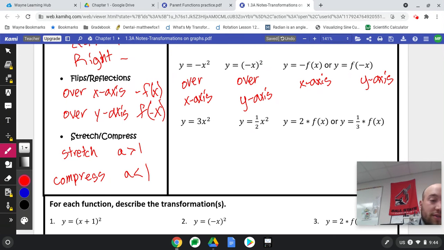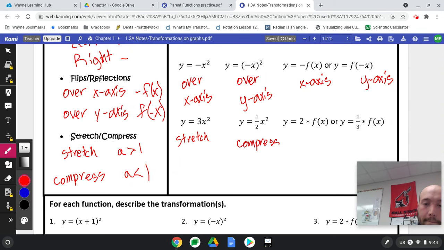So y equals 3x squared will cause it to stretch. Half x squared will cause it to compress. Once again, 2 out front will cause it to stretch, and 1/3 will cause it to compress.